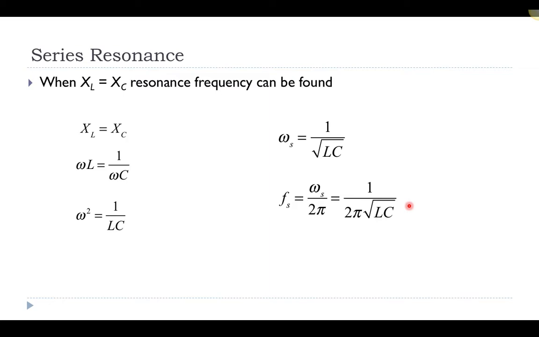Once it reached that frequency, the inductive reactance and capacitive reactance would cancel each other out, and you would have the maximum amount of current passing through the circuit, because you would only have resistance. So essentially you're tuning your circuit to a particular frequency so that you get the maximum power out.